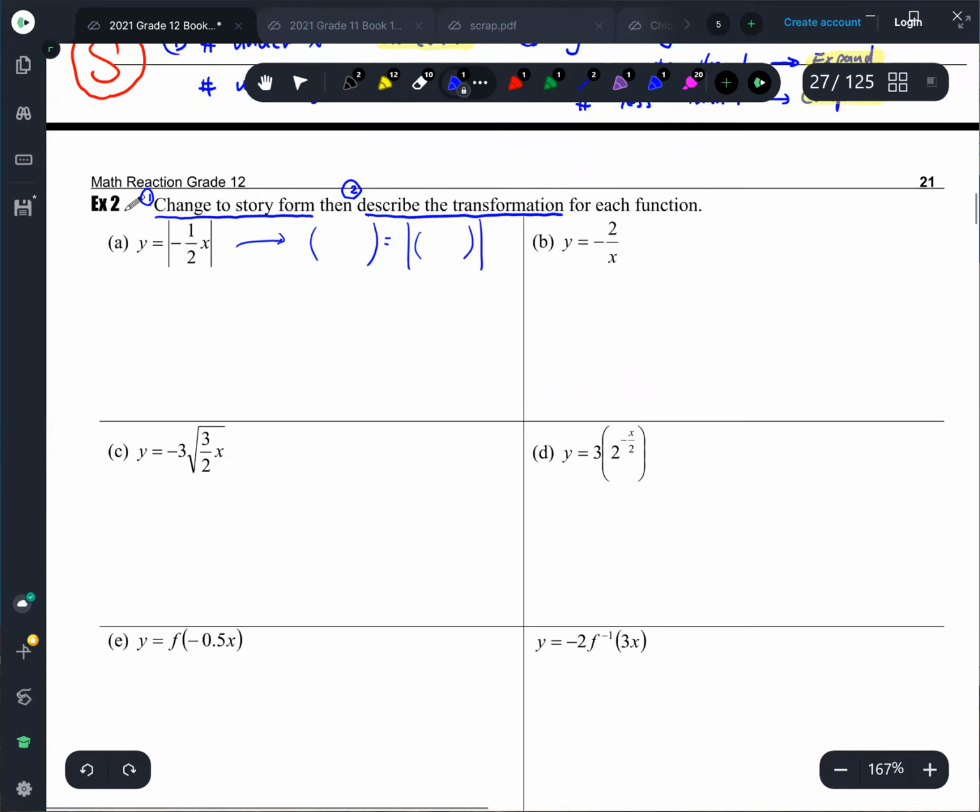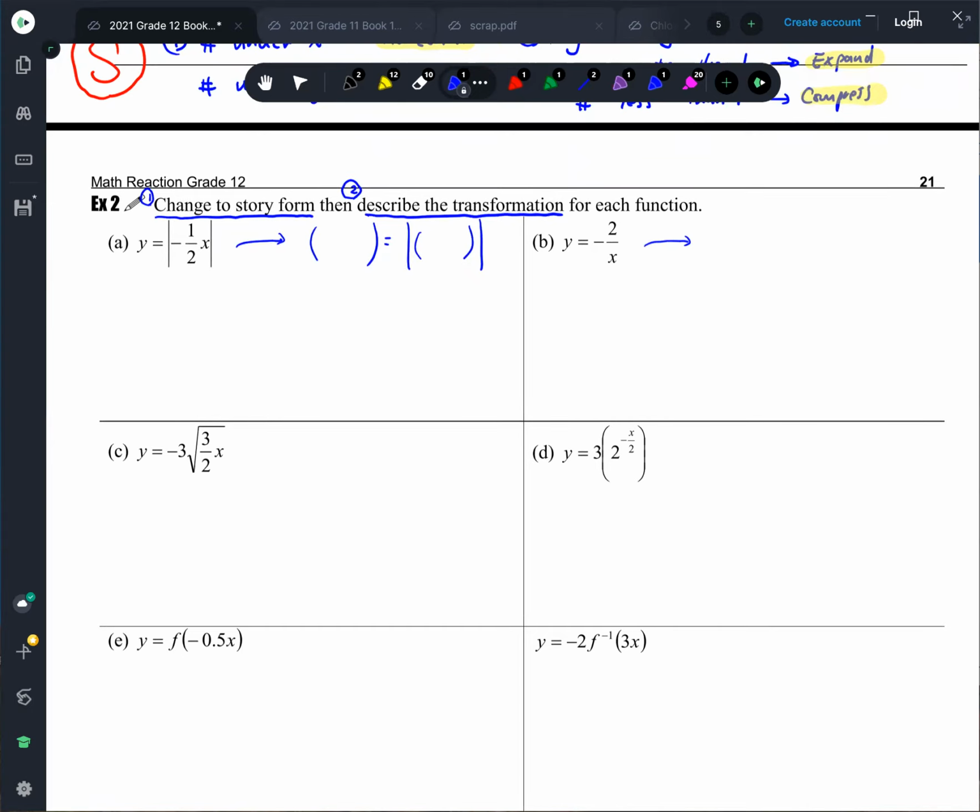Okay, and then B has to do with which of the basic? Nick, what do you think? For question B, which basic are we dealing with? We have rational, like a rational function. So yes, very good. Okay, and the rational one.